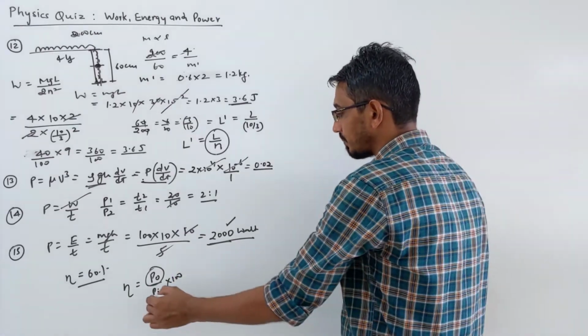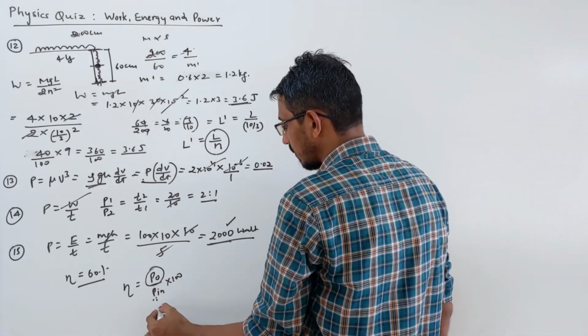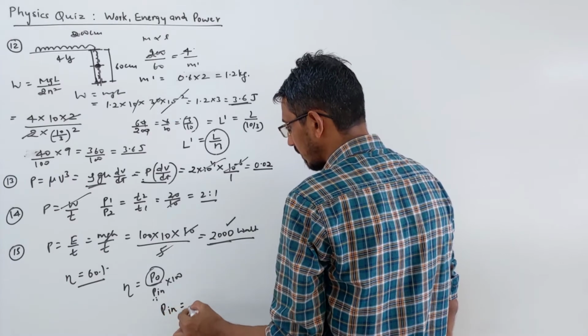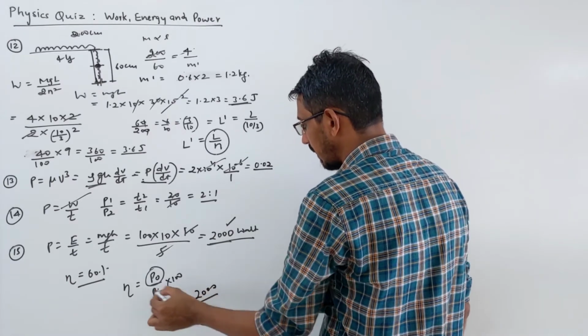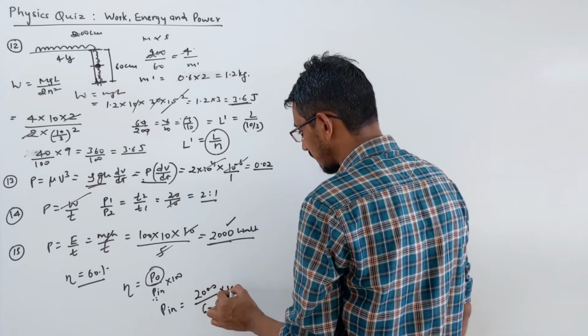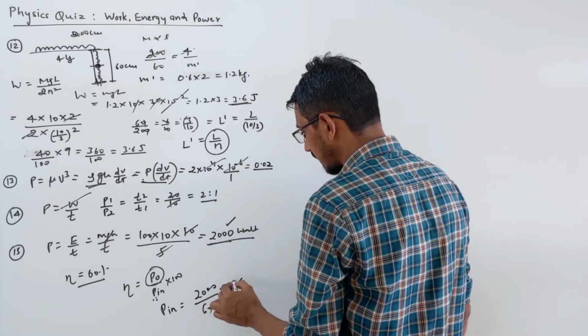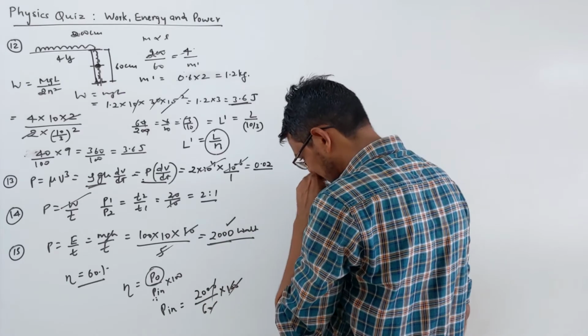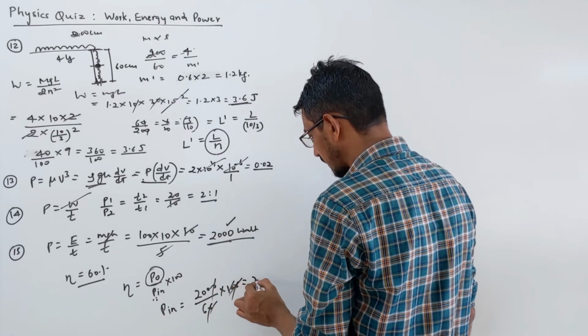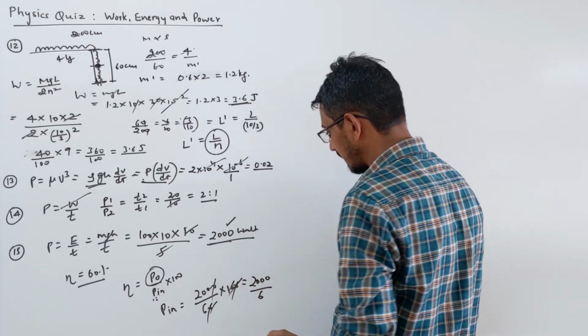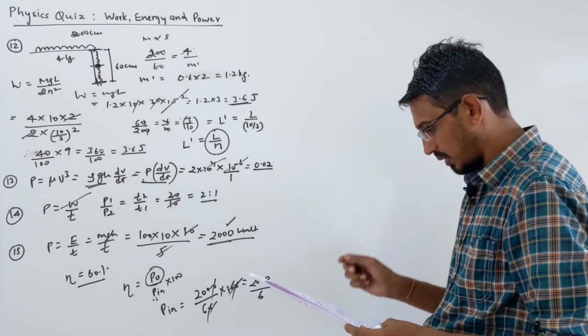That P in we want to calculate. So look, what is P in? P out is 2000, and P in is given by 60% into 100, so this all gets cancelled here. Okay, so 10 here, and we are again getting just 2000 by 6. So 2000 by 6, how much is it coming? Tell me.